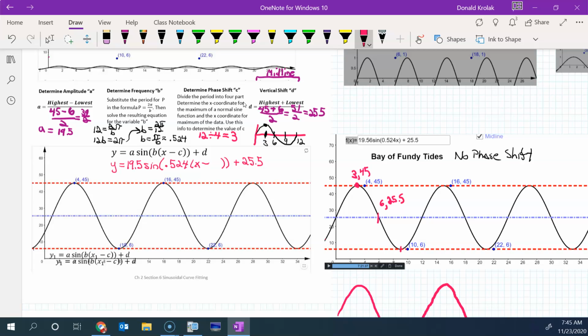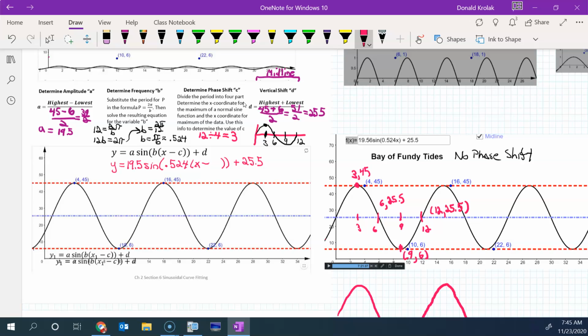Then 9 hours in, it's 6. And then 12 hours in, back to the midline, 12, 25.5.